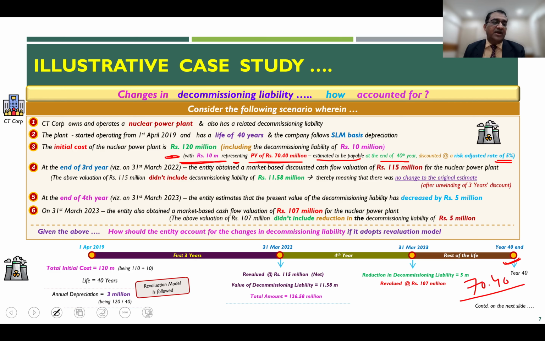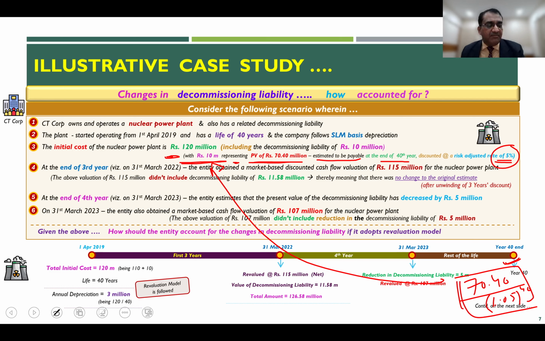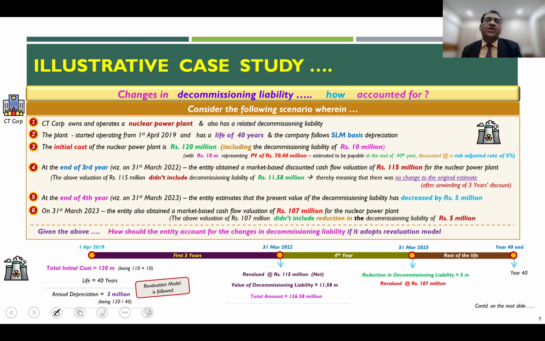This is discounted at the rate of 5%, that is, divided by 1.05 to the power 40. If you solve this, it will give you 10 million. So the present value of this number, which is 10 million, is something you need to include as part of the initial cost. And therefore, your total initial cost will be 120 million, consisting of 110 plus 10 million.